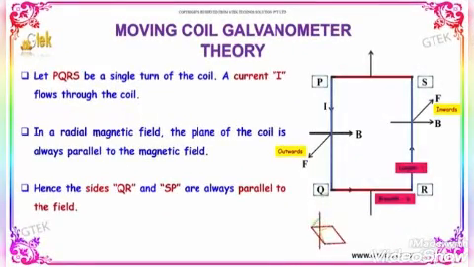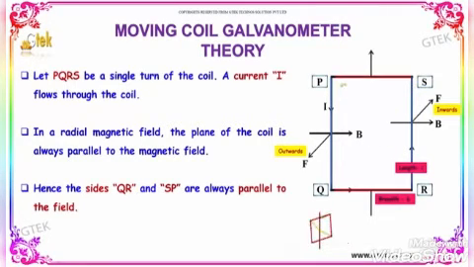So let us learn the theory. Let PQRS be a single turn of the coil. A current I flows through the coil. In a radial magnetic field, the plane of the coil is always parallel to the magnetic field.